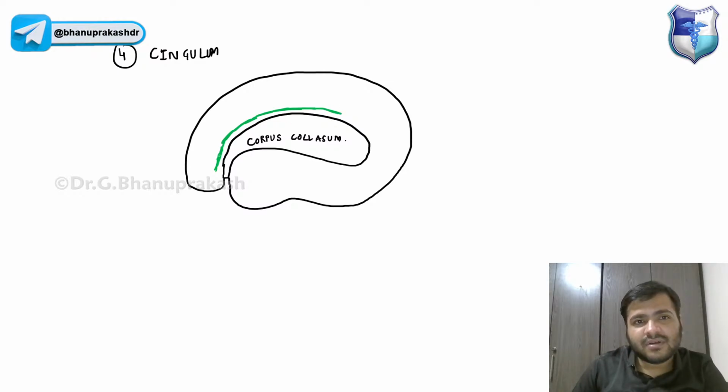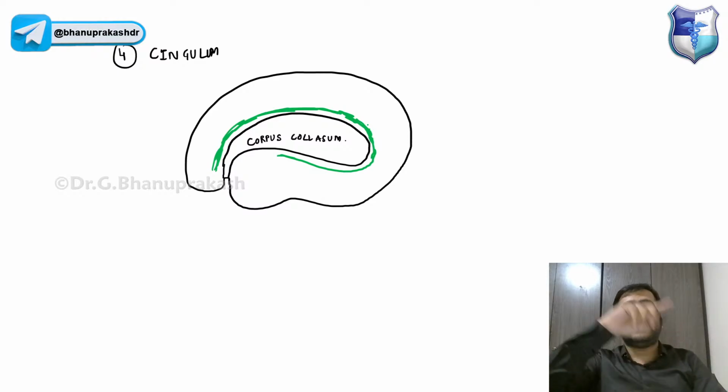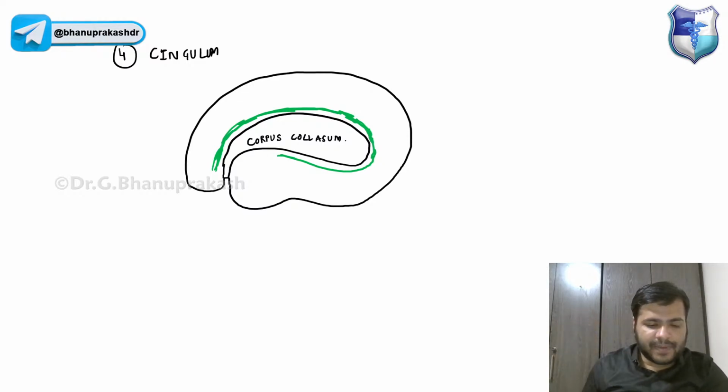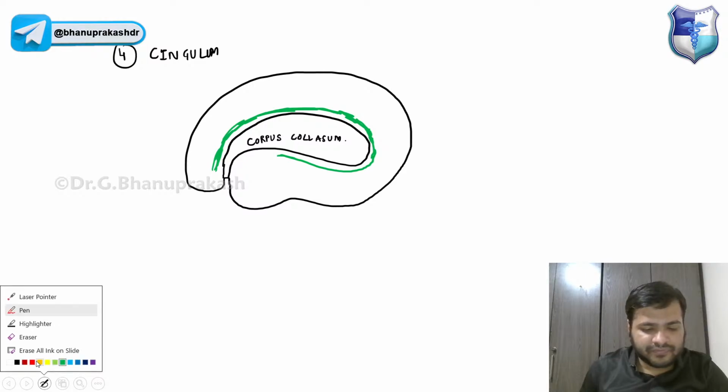They are curving around the corpus callosum, running around it and connecting all the important areas together which are present in the circumference of the corpus callosum. Now, let's quickly write this down.